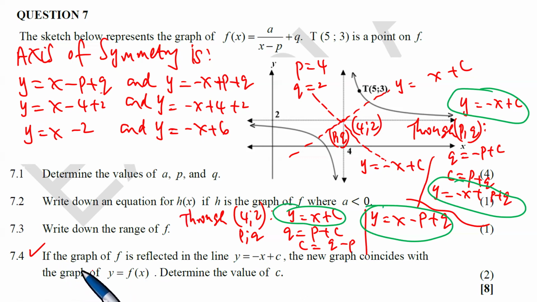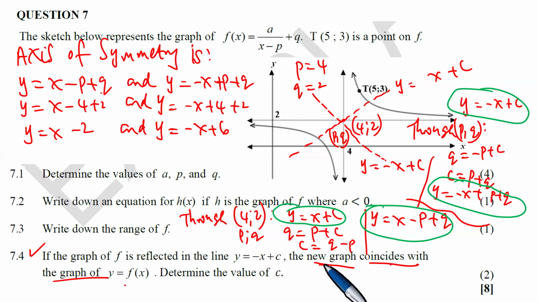Now, if the graph of F is reflected in the line Y equals minus X plus C, which is this line here with a negative slope, the new graph coincides with the graph of F. Because the new graph coincides with the graph of F, it means the new graph is the same graph as F, under certain conditions.